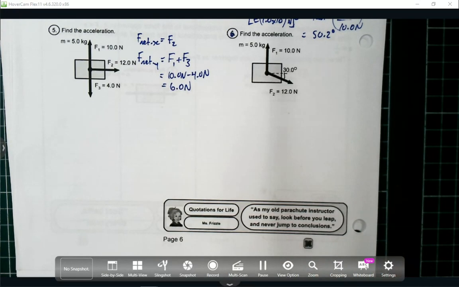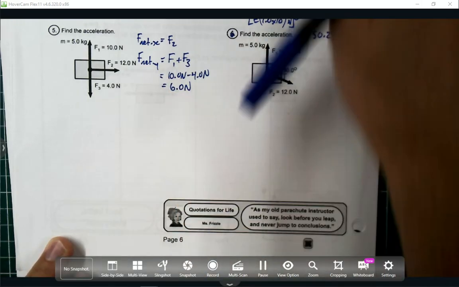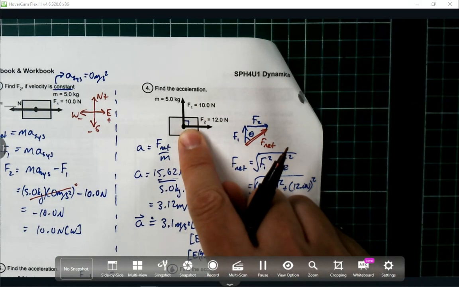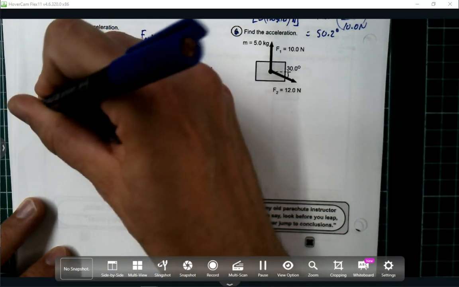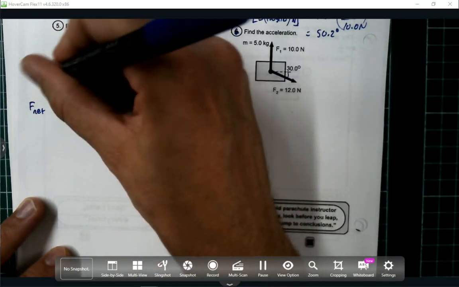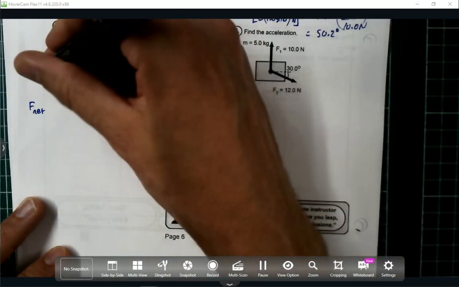Now the reason that I would want to do that, somebody help me out. Why would I want to do that? Find F net x and F net y. Yeah, once I got F net x and F net y, aren't I right back up in question 4 territory here? I'm just resetting it to make it easier on myself. Thanks, James. All right. So I say F net is equal to, and if you want to sketch for this, you totally can.